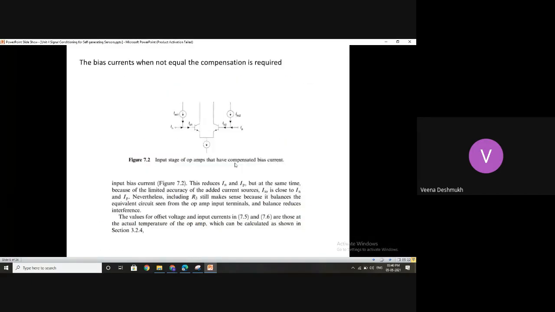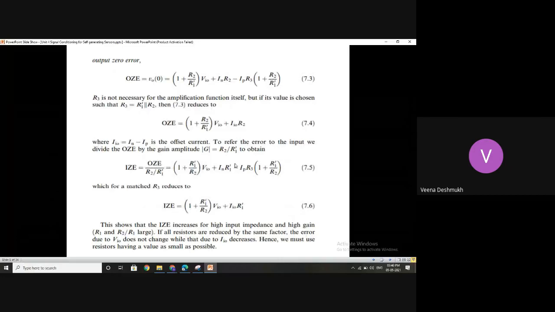So for this, there is a condition here: R3 should be equal to R1 dash parallel R2. If this value is chosen, then the effect of R1, R2, R3 and RS is also considered here in this R1 dash. So those things can be compensated properly and adjusted for the bias or the offset voltages.